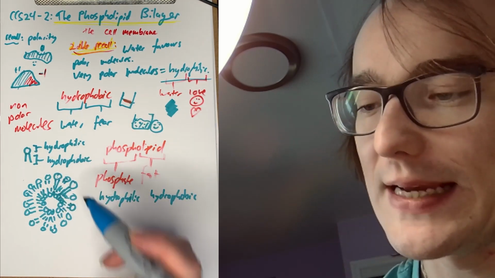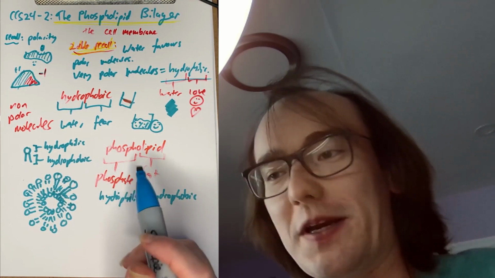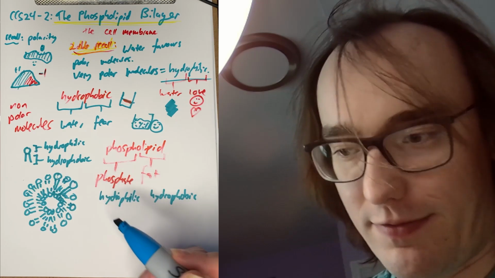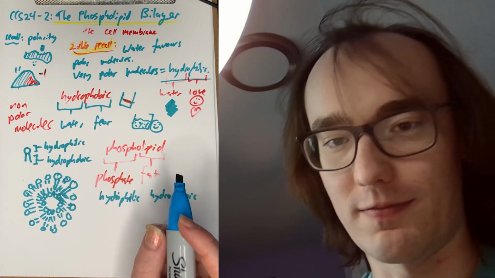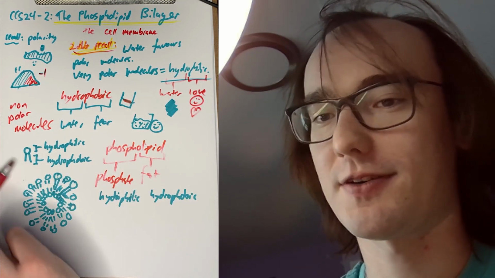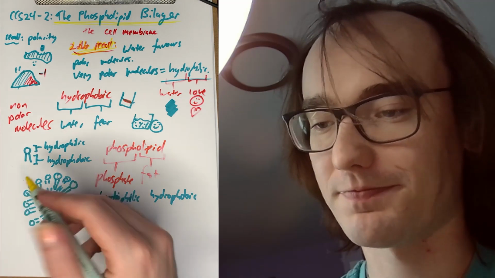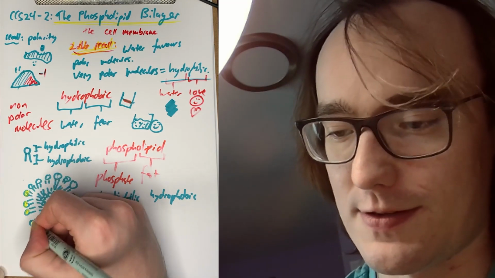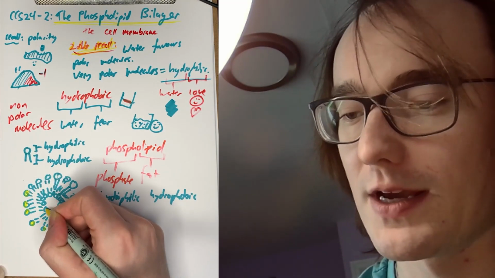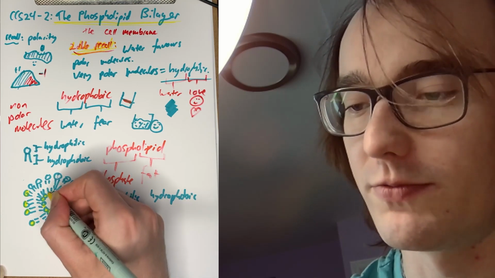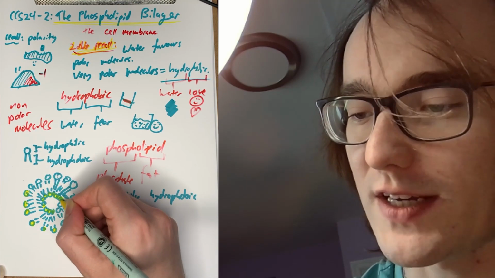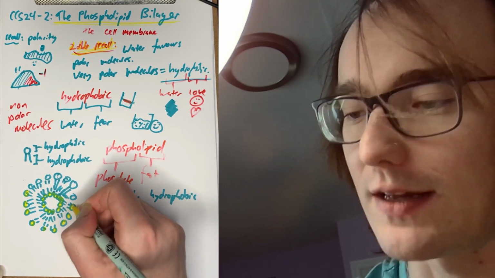So this is the basic dynamic by which the phospholipid membrane functions. And there's some really important fundamental takeaways I want you to have here, of which probably the simplest is that phospholipids and cell membranes are self-assembling.